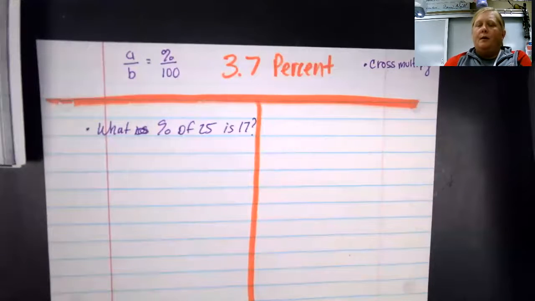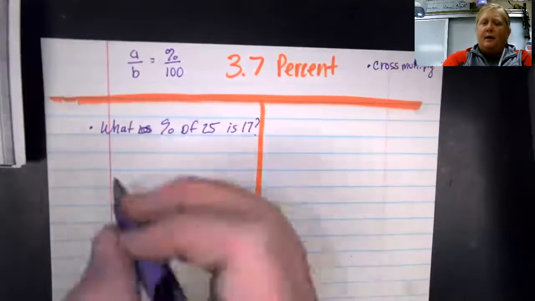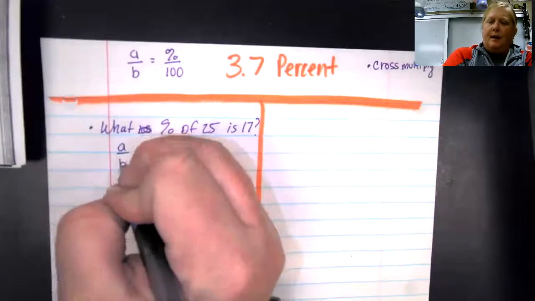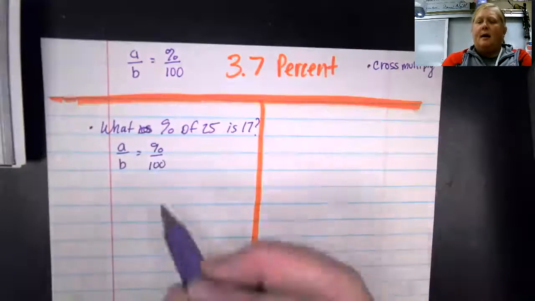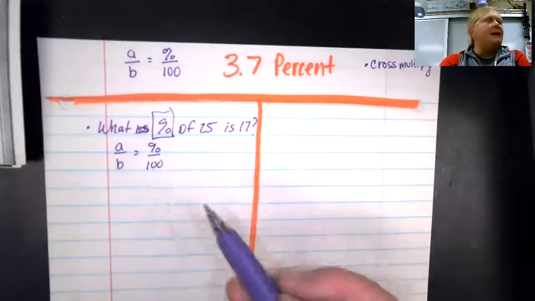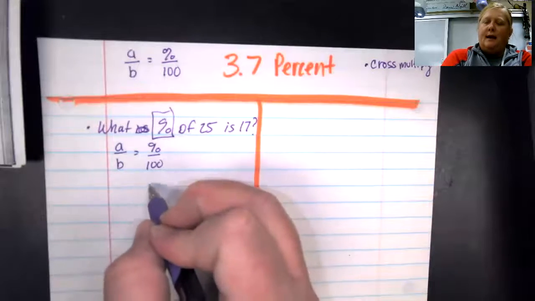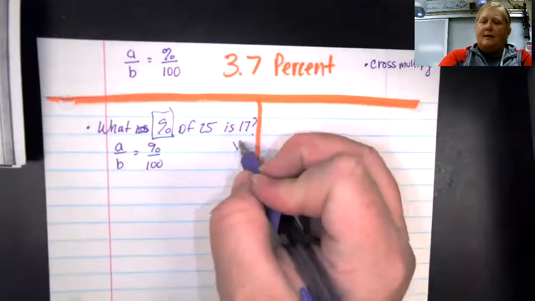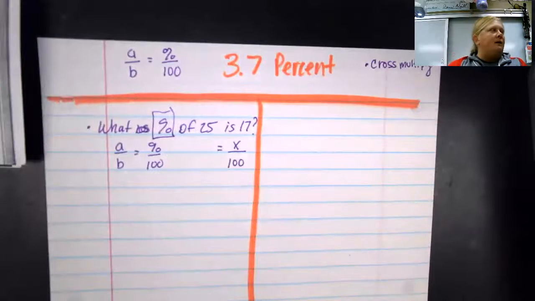So what percent of 25 is 17? First of all, I'm looking for my percent, aren't I? Because that's what it says here. That's not a 90, that's a percent. So right away, I'm going to plug in an x over 100 because that's what I'm looking for.